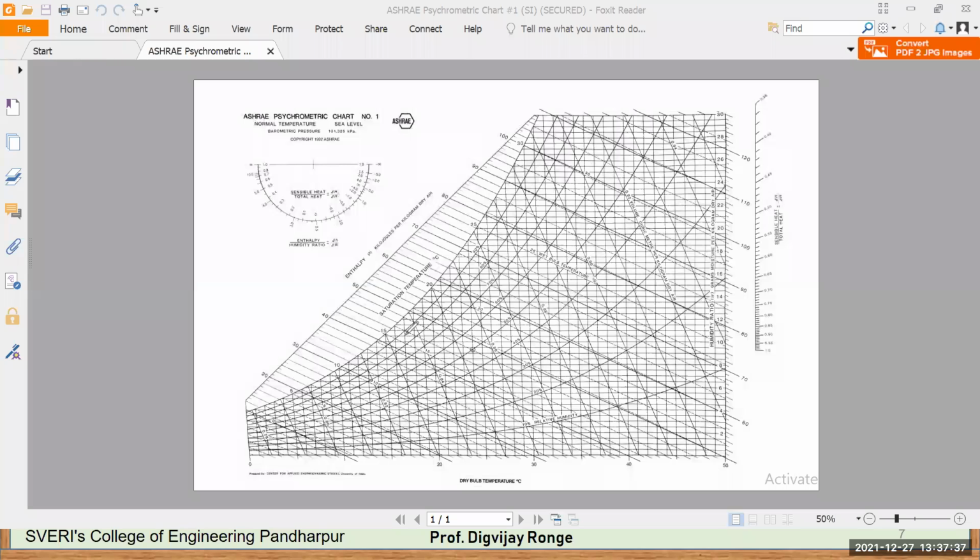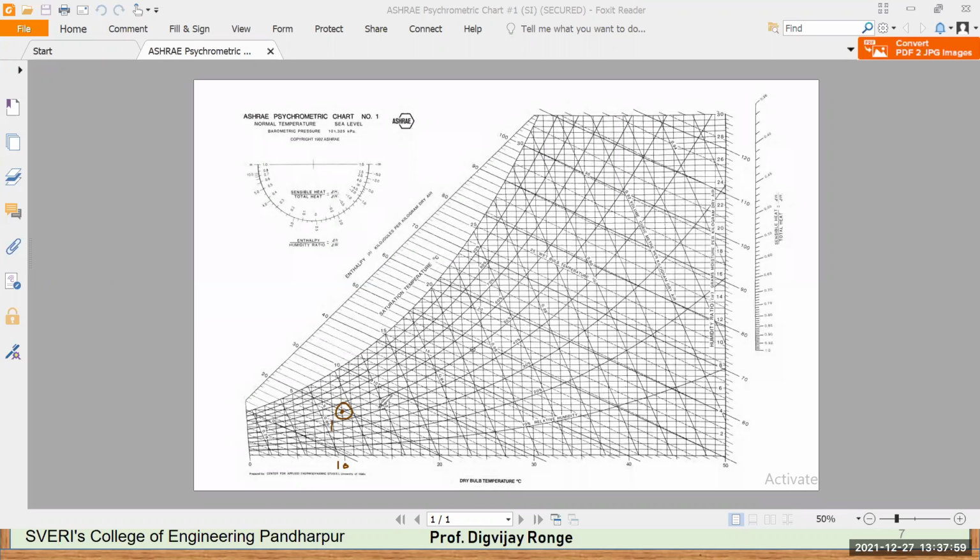So first thing, here it is 10 degrees Celsius I have to plot. Here it is 10 degrees Celsius, and this is the 50% RH curve. Wherever they intersect, that will be my point number 1.